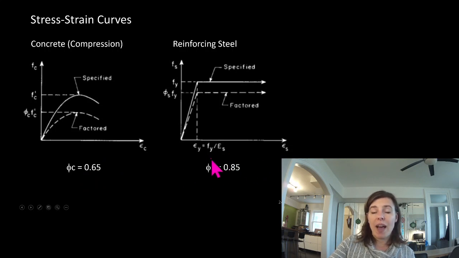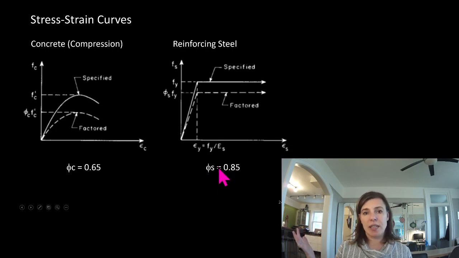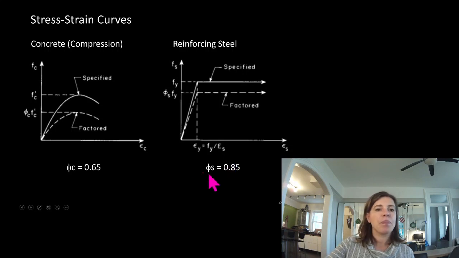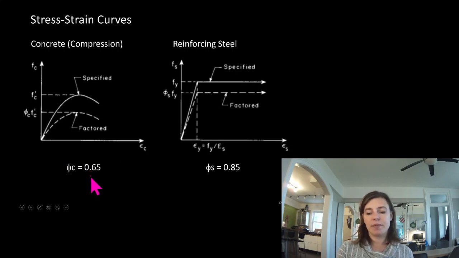Our reduction factor on rebar, or reinforcing steel, is 0.85. Regular steel was 0.9. Wood changed depending on if it was in bending or compression, but it was 0.8 or 0.9. But concrete has a very low reduction factor. So whatever we calculate, we only take 65% of it.